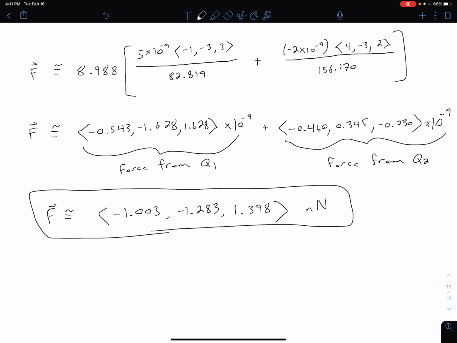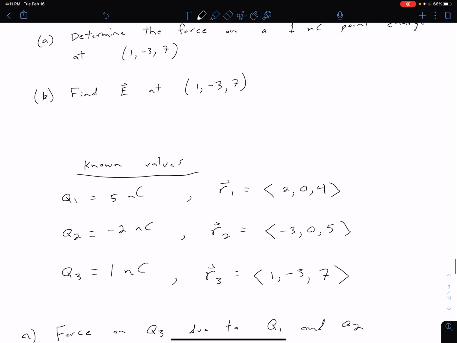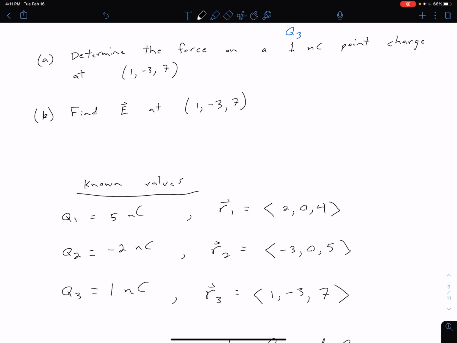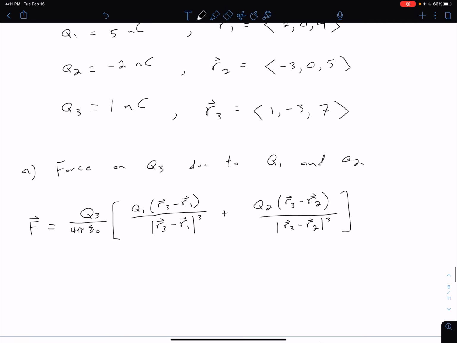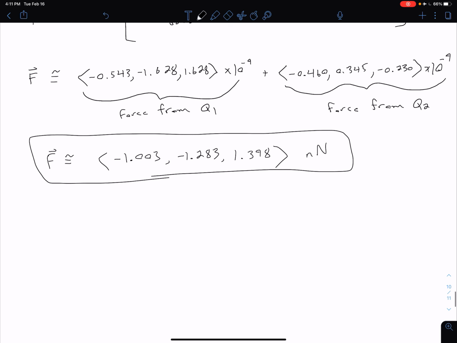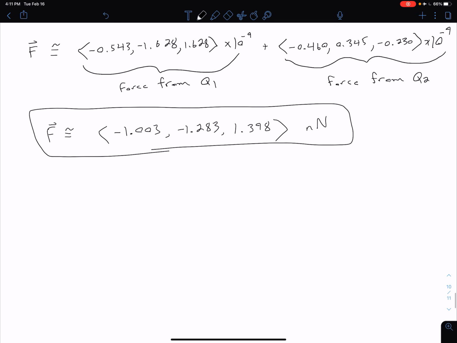So now for part B, we had said, what's the electric field at that same point? And so the benefit of this is that we're quantifying the forces from Q1 and Q2 without having to have a particular test charge there. So for part B, all we need to do is say that our electric field is equal to our force divided by Q3.